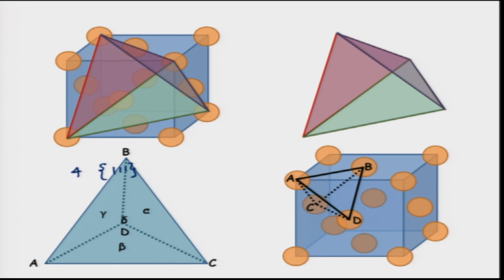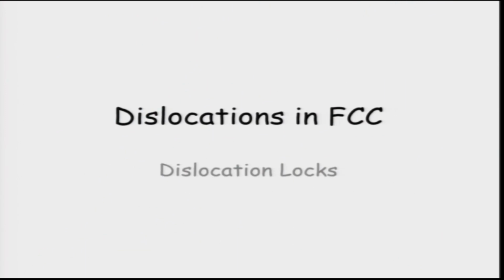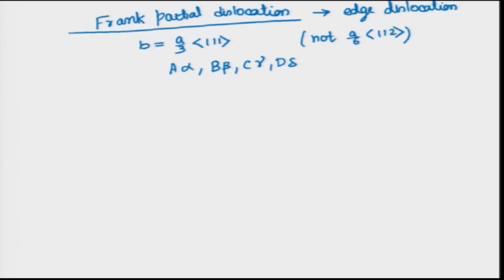Similarly, A alpha is from here to over here. So, this is a line lying somewhere in between the tetrahedron. This is what is called the Frank partial dislocation. So, A alpha, B beta, C gamma and D delta are the Burgers vectors of this kind.